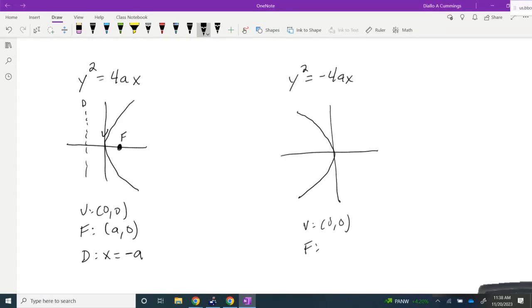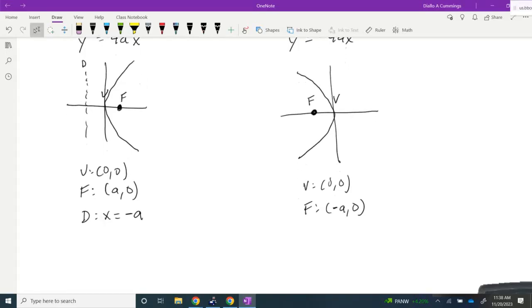The focus is going to be on the inside of where that parabola opens up. The focus is going to have the coordinates (-a, 0). And then we have our directrix. The directrix has the equation x is equal to a.